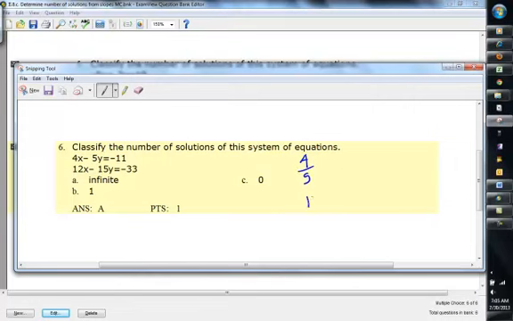In the second case, it's 12 over 15, change the sign. 12 over 15 is 4/5 when you divide everything by 3. In fact, if you divide the second equation by 3, you get the first equation, and so they have infinitely many solutions. This is 2.8.C.